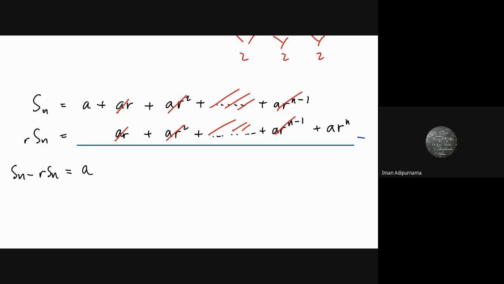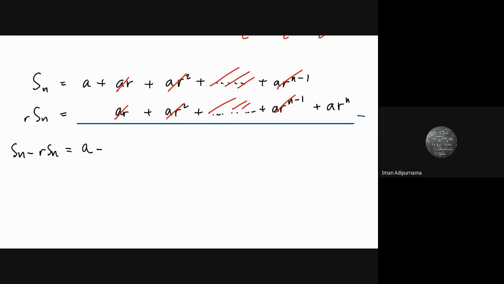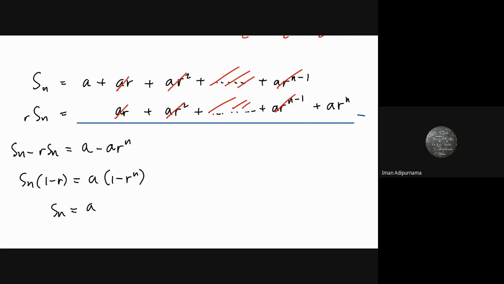So the equation becomes a minus a r to the power of n. So Sn times 1 minus r equals a times 1 minus r to the n. So Sn is a times 1 minus r to the n over 1 minus r, and r should not be equal to 1.